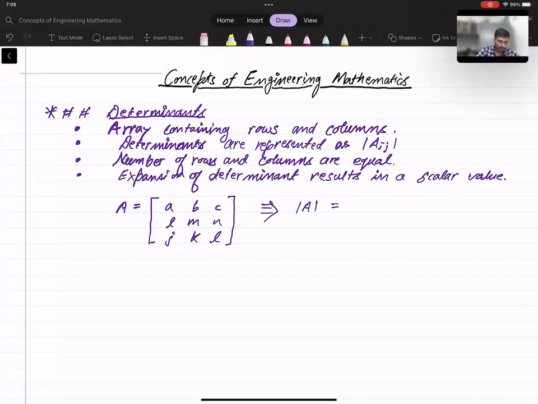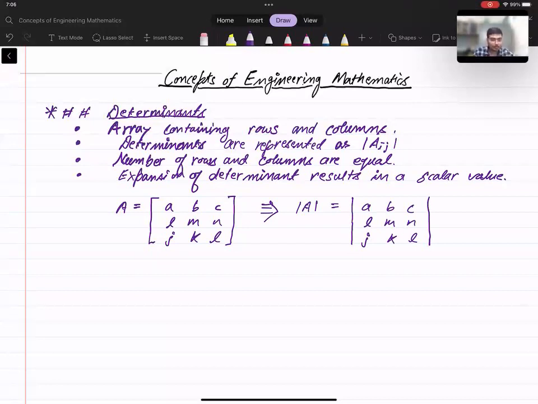The bracket type of symbol will be replaced by vertical bars, and we will place the values like this. Like this, a determinant is represented. And upon expansion, we will get a scalar value.